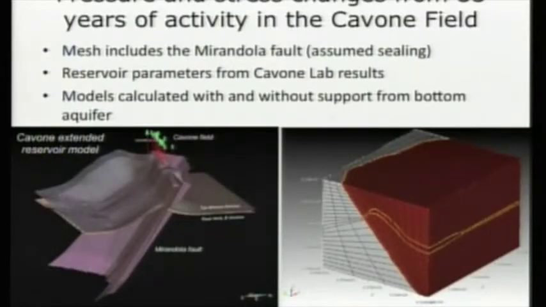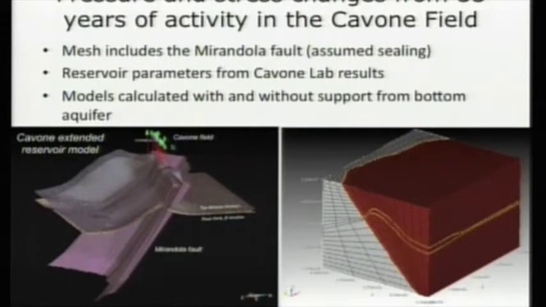So what we're going to do is take this model and we're going to evaluate the pressure and stress changes that have occurred over the 33 years that the Cavone field has been operating. So here on the left, you can see a structural representation of this. The reservoir is this anticlinal shape.